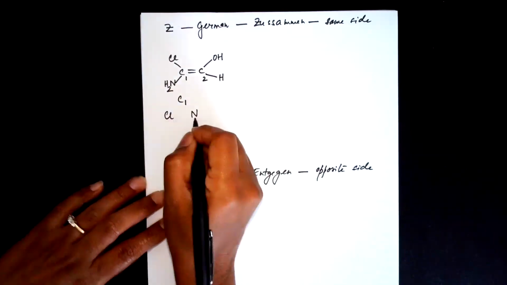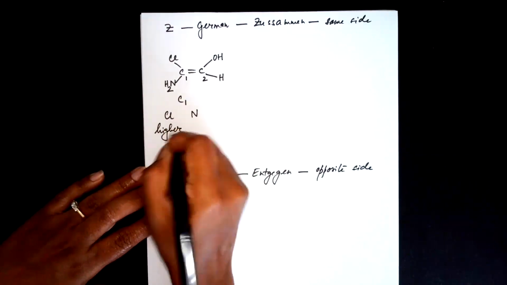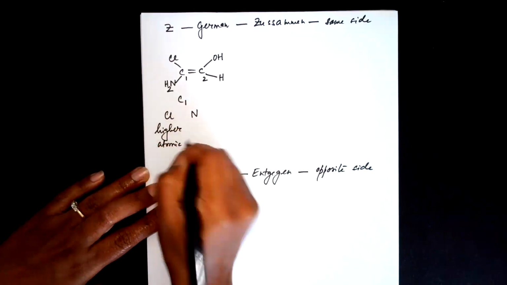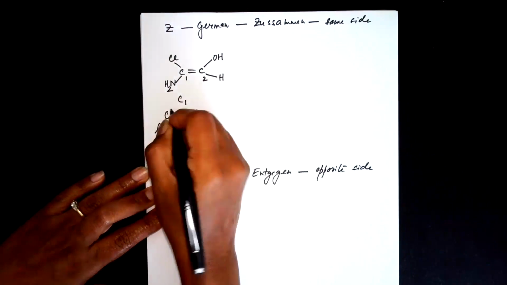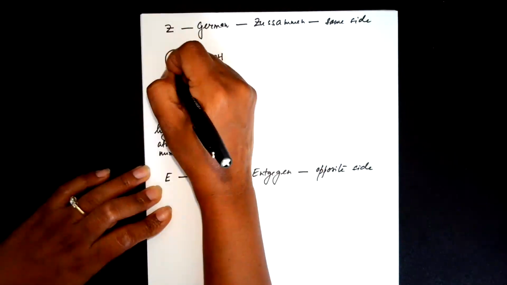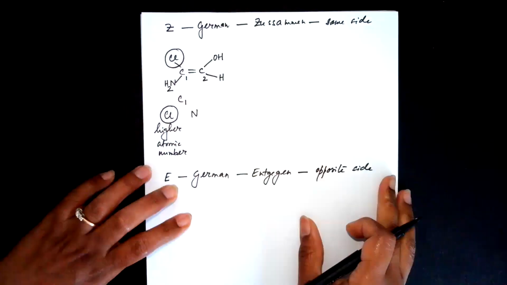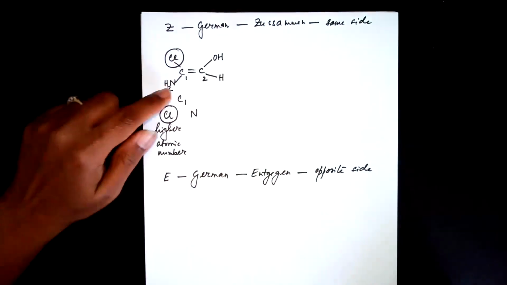So out of Cl and N, Cl has a higher atomic number. Hence, the Cl side wins. So this is the higher priority group. Again, stop at both of these positions.